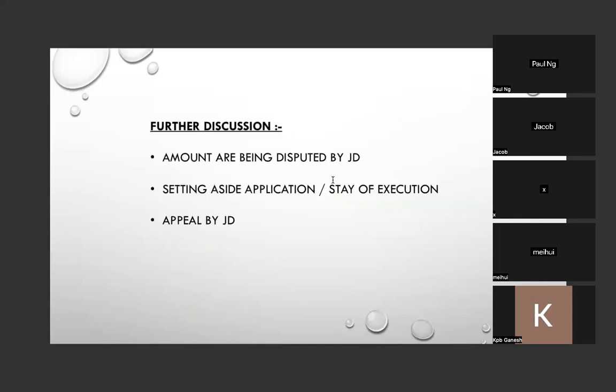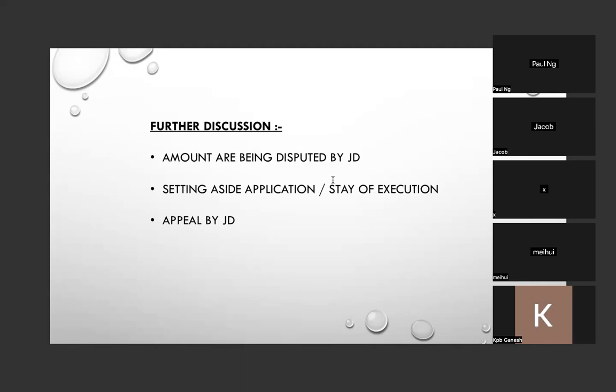Okay. What if the amount is being disputed by JD, okay, or there is a setting aside application or stay of execution being filed for this particular case. Okay, in what situation when there will be amount being disputed by JD?